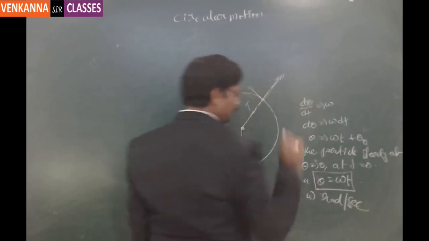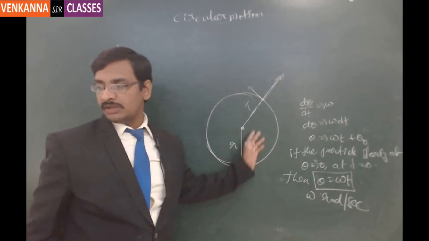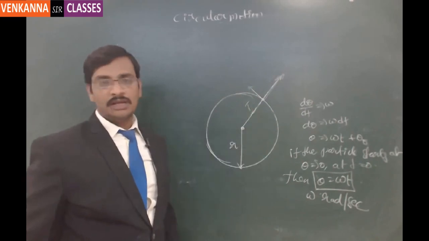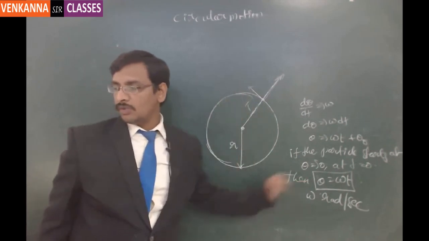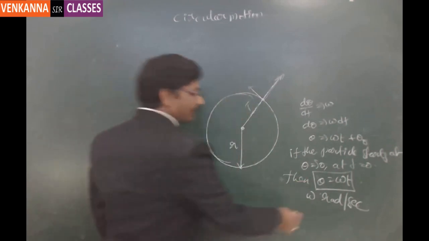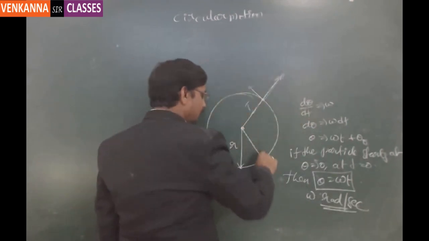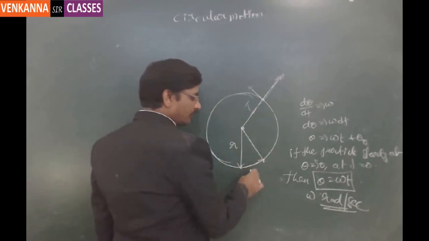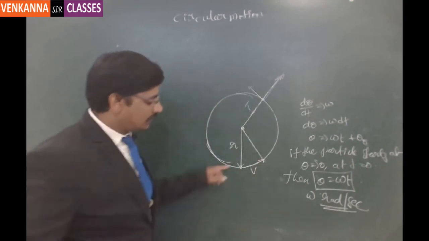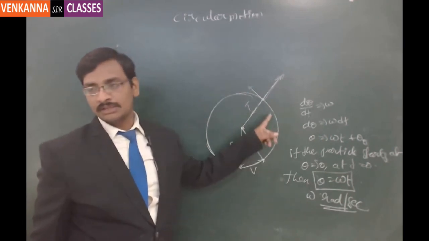So if this is moving with an angular velocity of omega, then in 1 second it is moving omega radians. So omega radians per second. Now the arc length, if you try to calculate it, let us say this particle is moving with a velocity of v. This is the linear velocity of the particle moving on the circular path.